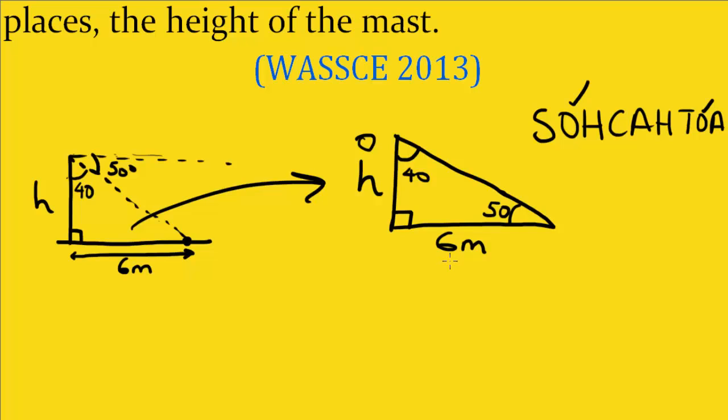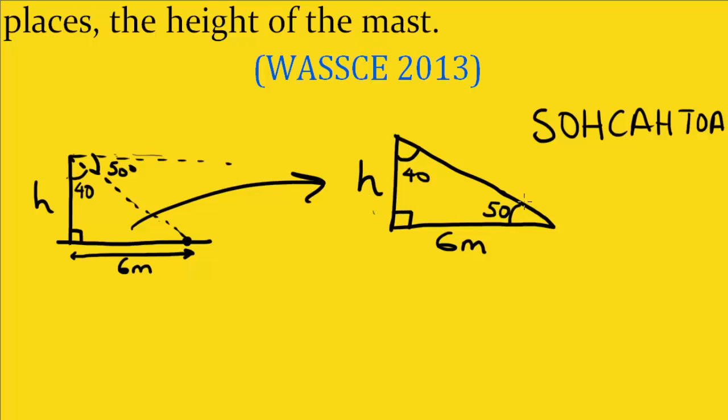We know the length of the adjacent side as 6 meters, so I'm going to mark adjacent. We want to find the height, which is the opposite, and we know the adjacent and we know the angle. So let's start with this angle, 50 degrees, and using this angle and the length of this side, let's try and find h.